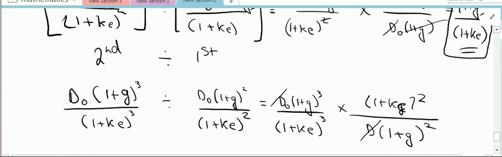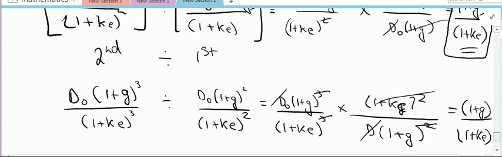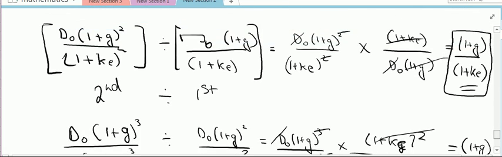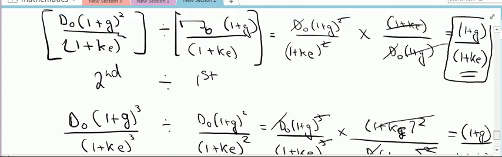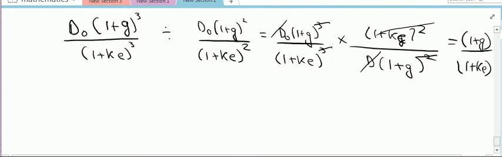The d0 cancels out, the cube and square cancel out, and again we have 1 plus g divided by 1 plus ke. So we have confirmed that since second divided by first term and third divided by second term are equivalent, this progression is a geometric progression, and our value of r is 1 plus g divided by 1 plus ke.